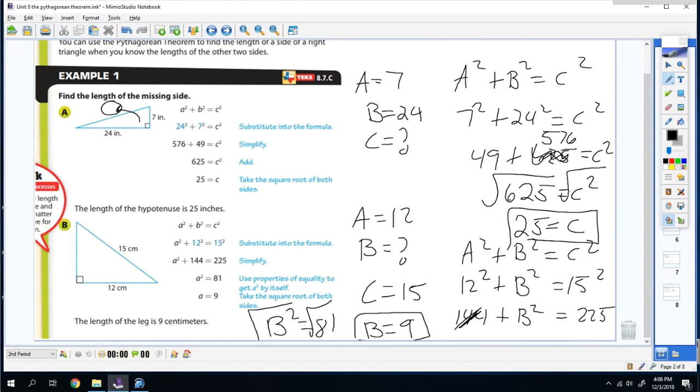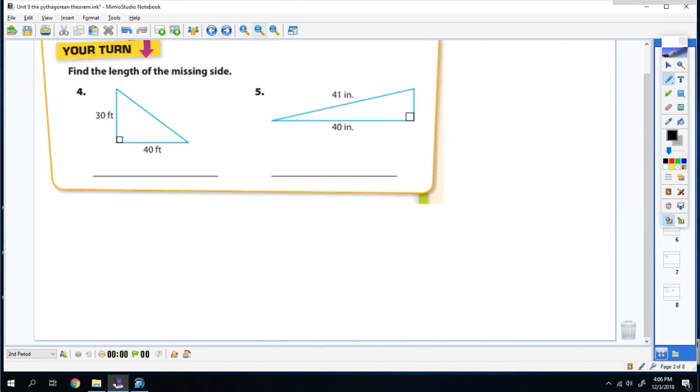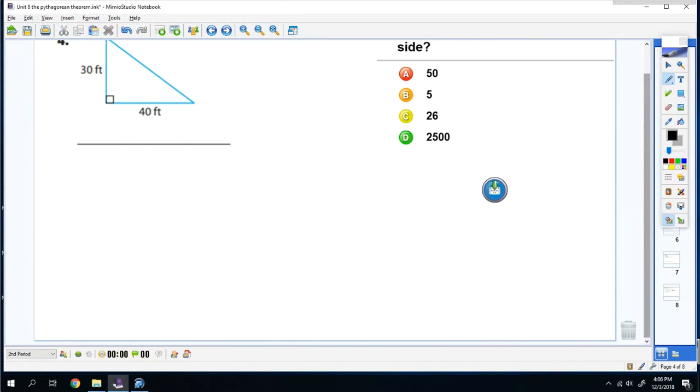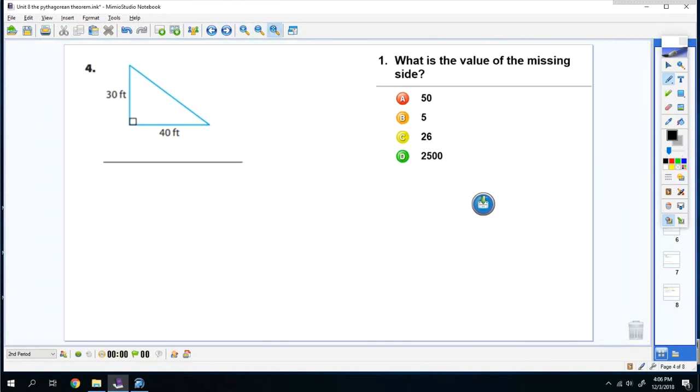And that's how you use the Pythagorean theorem. All right, let's do another one. So we have number 4 on the your turn. So we're going to label it. A is 30, B is 40, and C we don't know.